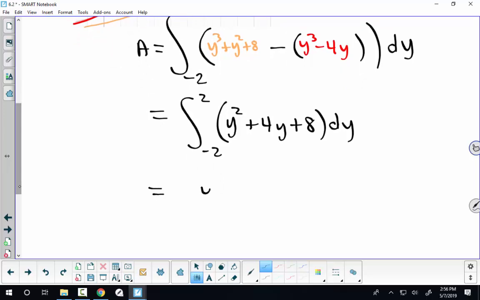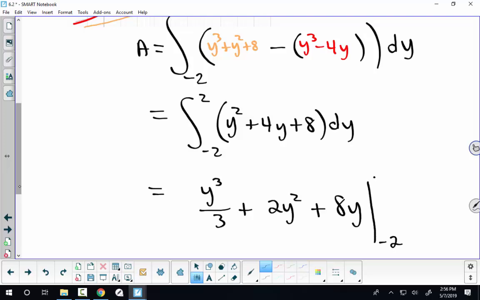So what do we have? Y cubed over 3 plus 4y squared over 2, 2y squared, plus 8y, evaluated from -2 to 2.